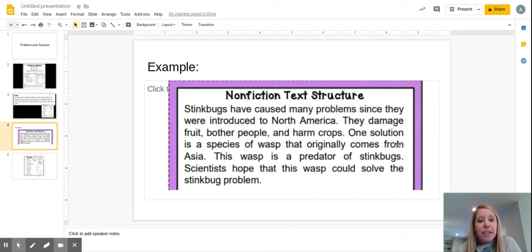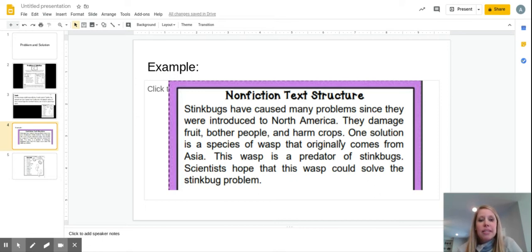Okay, if you said the words right here where it says one solution, then you're right. That's an example of how we know that this is a problem and solution text structure. So my next question to you, very smart third graders, is, what is the problem in this example? What is the problem that the author is telling us that they're trying to solve? If you said that the problem is that the stink bugs have caused damage to the fruit and they bother people and they harm the crops, then you are correct.